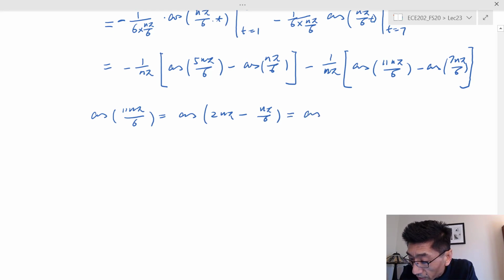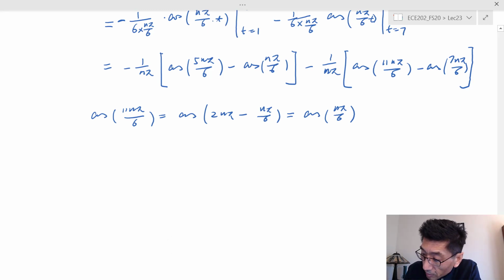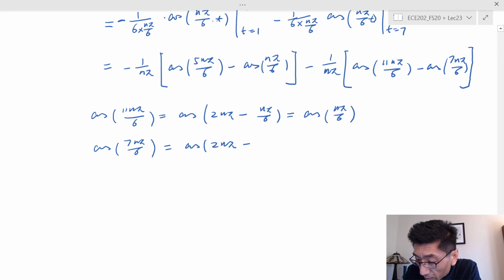And this one is going to be equal to cosine n pi over 6, because 2 pi minus x, take the cosine, is the same as cosine x. And then we use the same thing for 7 n pi over 6, that's going to be equal to cosine of 2 n pi minus 5 n pi over 6, and therefore we have cosine 5 n pi over 6.